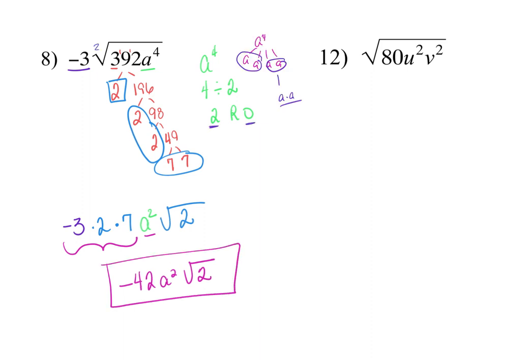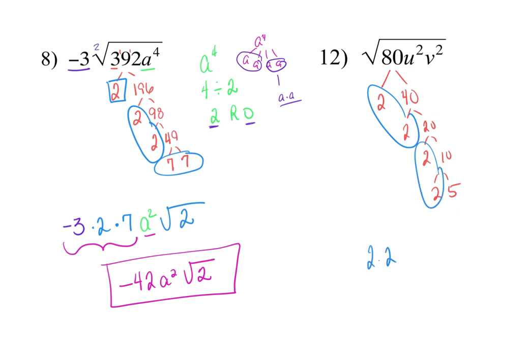If I were doing this one, I would just, again, use an easy prime and go all the way down with that until I had all primes. Group what can come out. Those are groups. So 2 times 2 comes out. 5 stays in. And in this case, no matter which way you do it, if you do it with your factor tree, u squared is u and u.